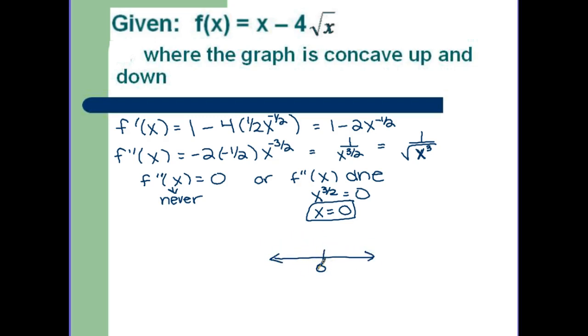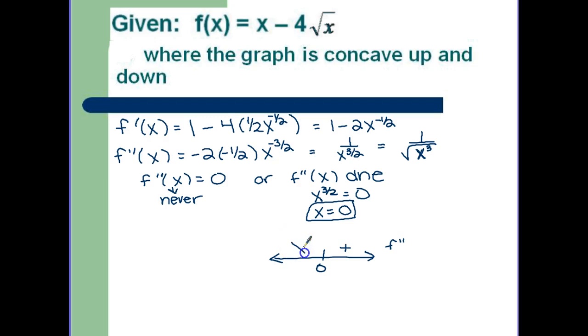What happens to the left and to the right of 0? Wouldn't the negative side be imaginary? Yeah, it would be imaginary. Since it's always positive over there, what does that tell you about the domain of this function?